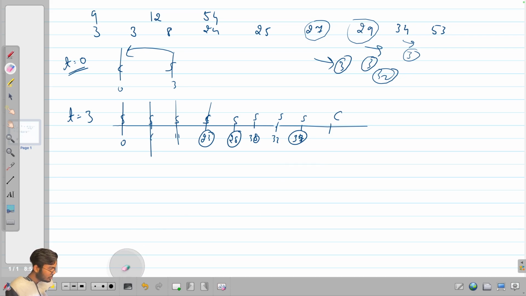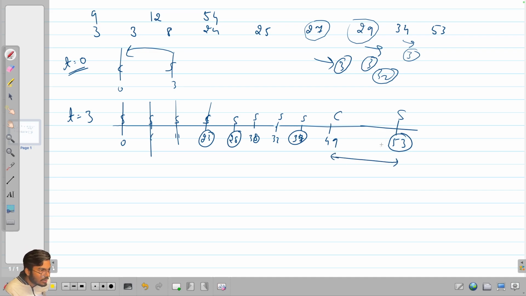So the crow will simply move to position 49 at t equals to 3. And the last scarecrow, if you see, is at 53, right? Now the distance between them is how much? The distance between them is almost 4 units, right? So in 3 seconds this scarecrow can maximum reach 50, right? So let's say it is at 50 now.